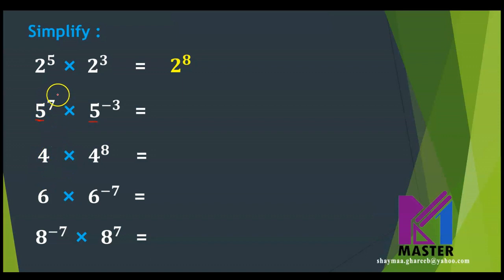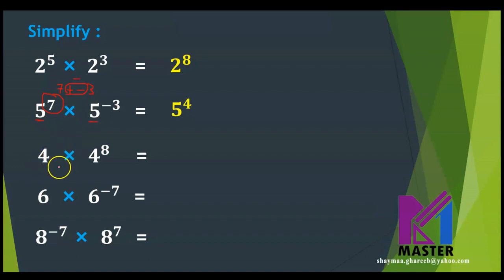Let's add together 7 plus negative 3. When I add a negative number, it's the same as subtracting this number. So 7 minus 3 gives 4. So the answer will be 5 to the power of 4.